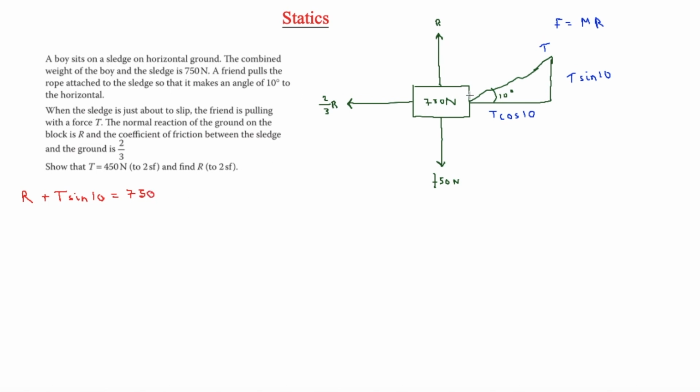Then if we go horizontally, now we have 2/3 R, and that's going to be equal to T cos 10. So using this one here, we can find out that R is equal to 750 minus T sine 10.